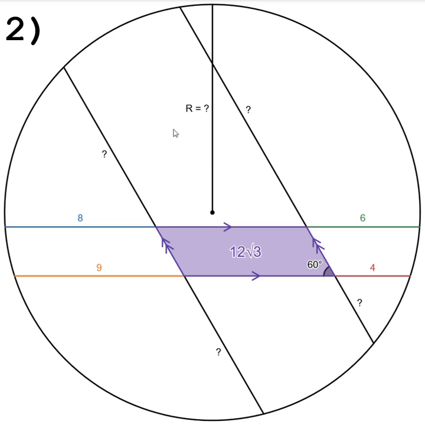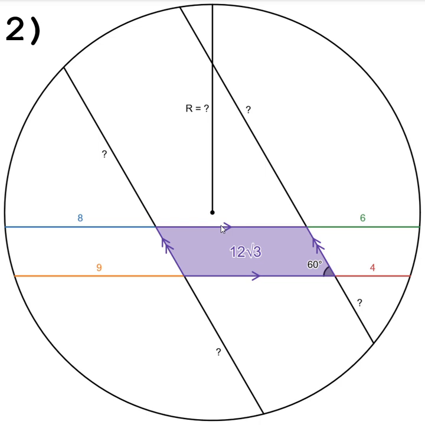So we have a circle over here, and then there are 2 chords over here which are parallel, and then there are 2 other chords here which are parallel also, and then they intersect forming a parallelogram, and then the area of that parallelogram is 12 root 3, and this angle is 60 degrees, and the length of this part is 8, this part is 6, this part is 4, this part is 9. And all you have to do is find the length of the radius of the circle and the length of these 4 black segments. So that's your second question.